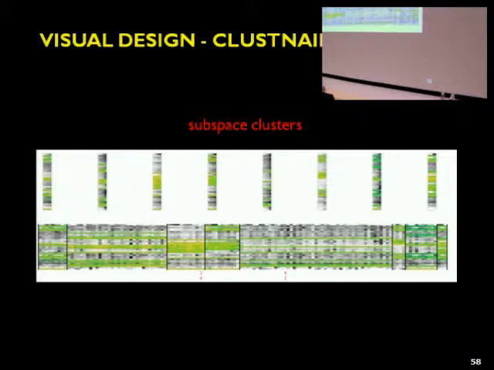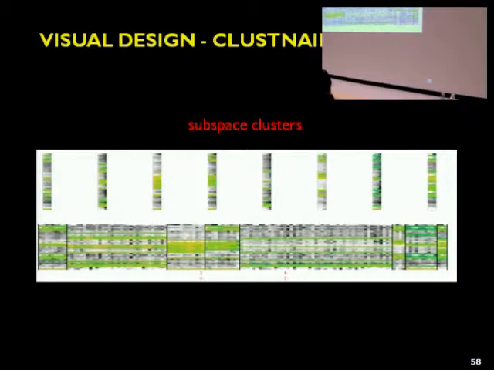Each row represents an attribute, and each column is a data object. And the color of each unit represents the data value. The reason why we use grayscale and color scale is to distinguish the dimensions that are selected for a particular cluster or not. So the colored ones are the dimensions that are selected for a particular cluster, and gray ones are the ones that are not selected.